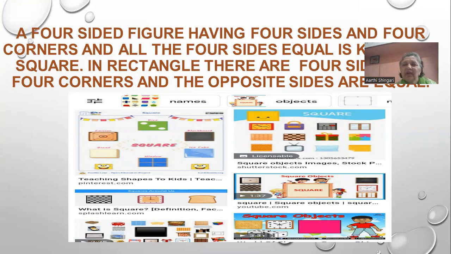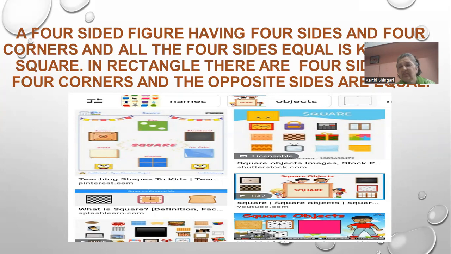We will start with plane figures. In plane figures, we have to learn about four-sided figures and three-sided figures. The four-sided figures are rectangles and squares. In squares, there are four sides and four corners, and all the four sides of the square are equal.